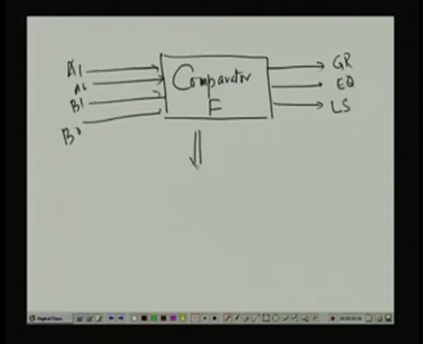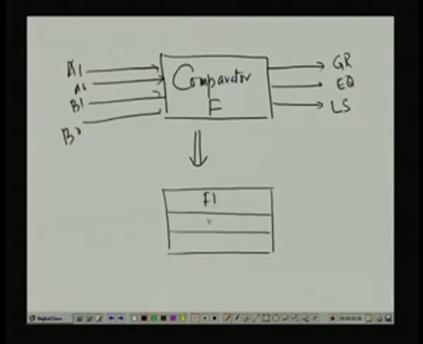Now, I can identify submodules. This F I have partitioned into 3: F1, F2 and F3. Say F1 is producing GR, F2 is producing EQ, and F3 is producing LS.